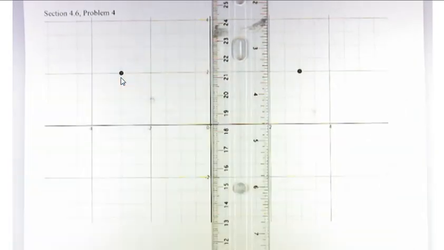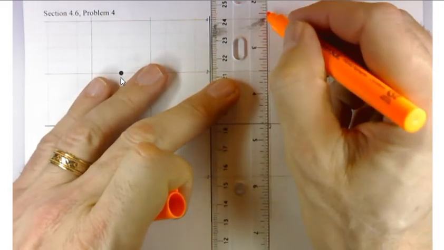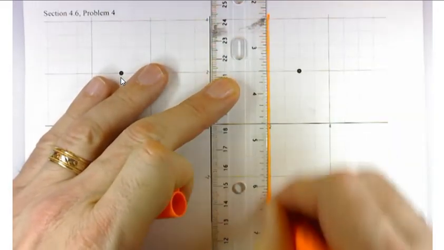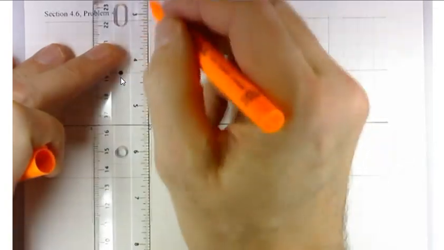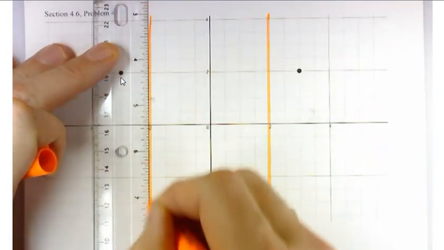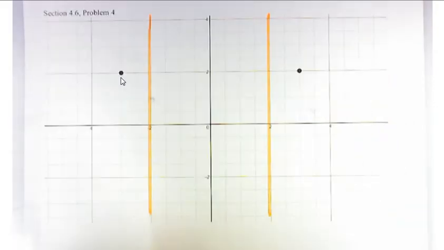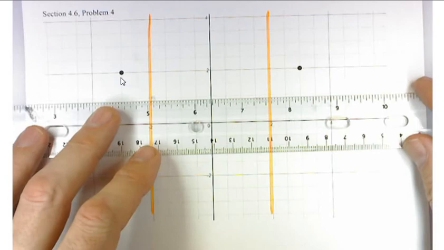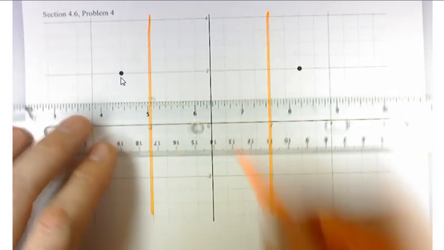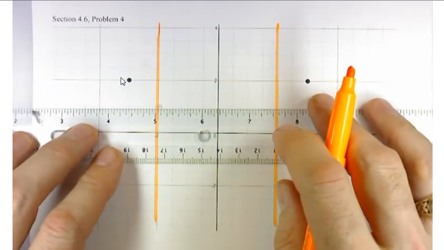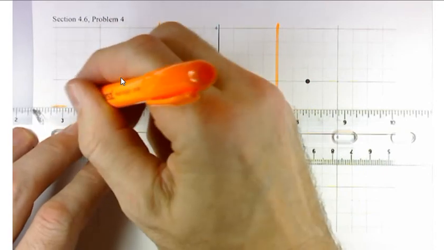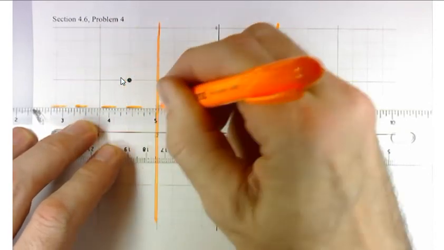We had vertical asymptotes at 2 and negative 2, so let's sketch those in. We had a horizontal asymptote at y equals 1. So I'll sketch those in as well. I tend to like to put these in with dashed lines. I didn't with the first two, but it's just because these are not really part of the graph.